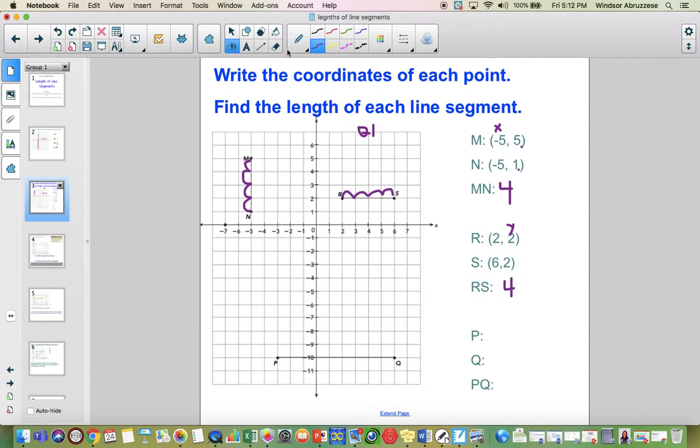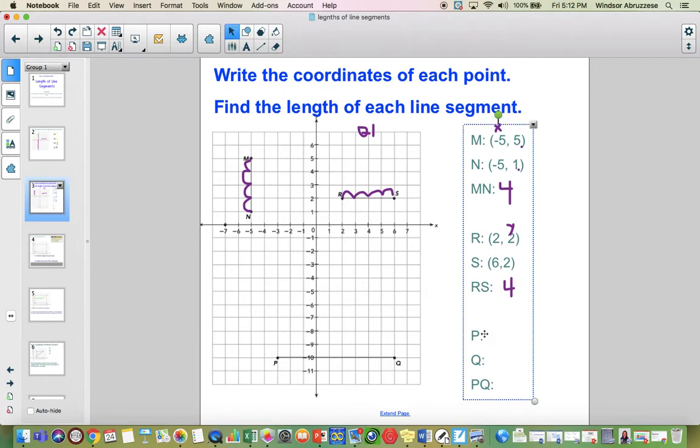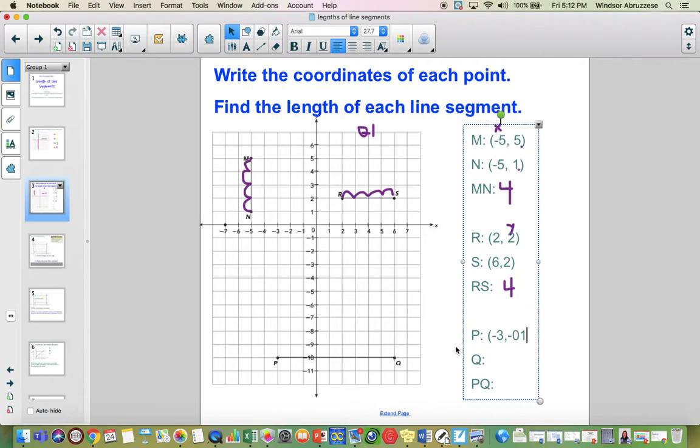And the last one, PQ. So let's write the coordinates for P. P is over here in the third quadrant, and we crawled -3, jump down to -10. So -3 goes first, and then the y is negative 10. Now Q is in quadrant 4 over here, and we crawl to 6, jump down to negative 10.